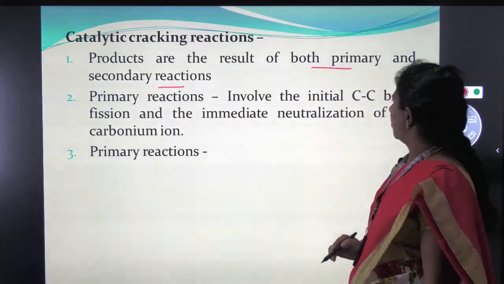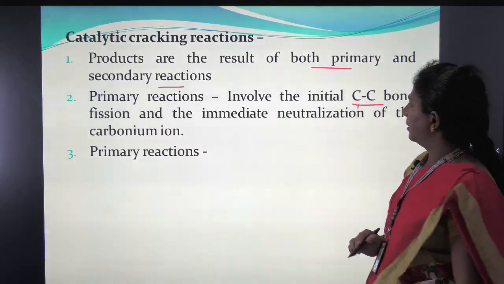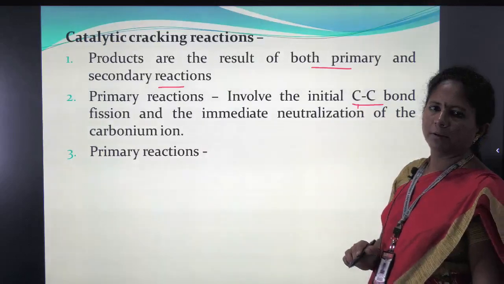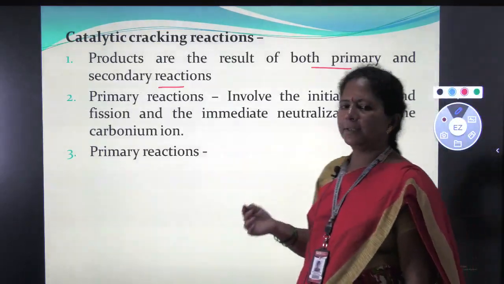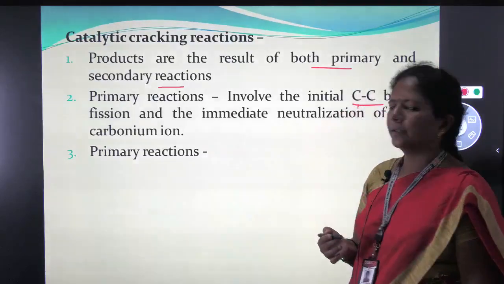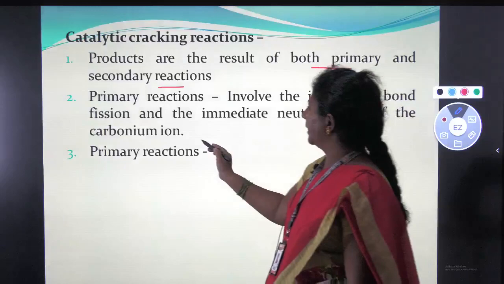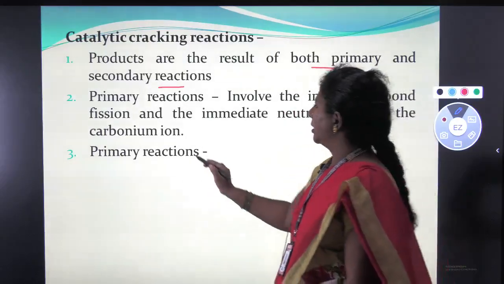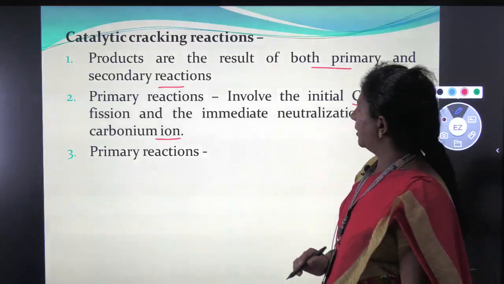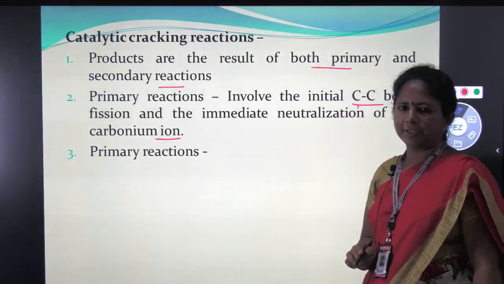Primary reactions involve the initial carbon-carbon bond fission and the immediate neutralization of the carbonium ion. In the earlier video, while discussing thermal cracking, I said the mechanism of thermal cracking is explained based on the free radical mechanism, and here the catalytic cracking takes place using the carbonium ion mechanism. So here the products are the result of both primary and secondary reactions.